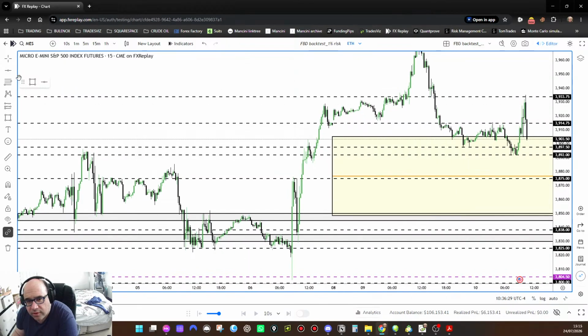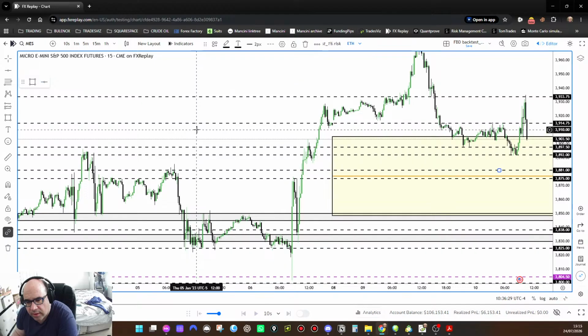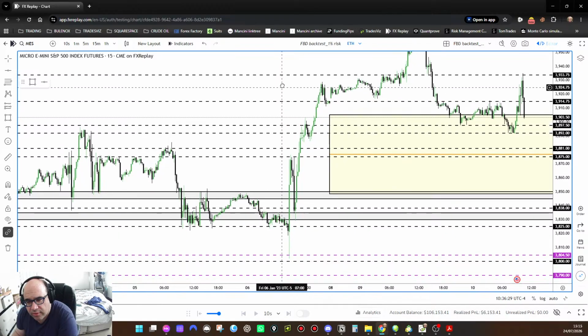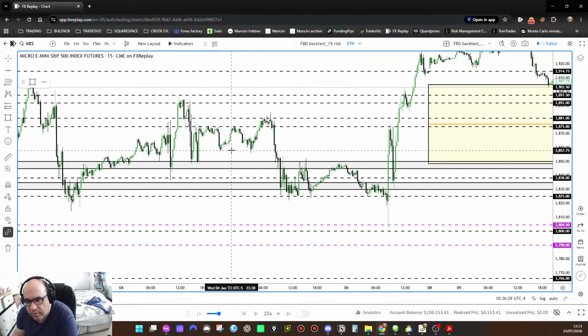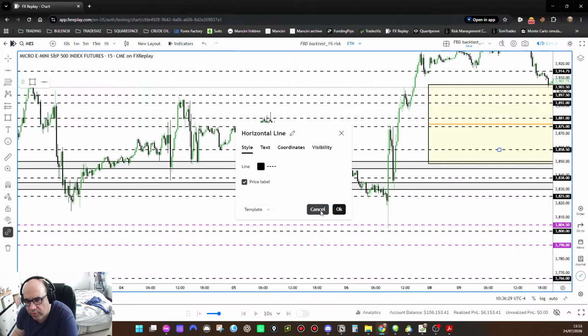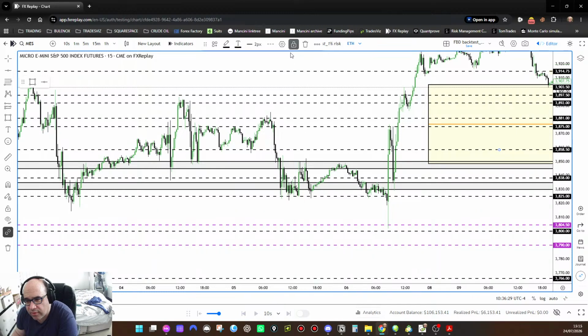Yeah, I guess there's another one here we can see, right here. Don't want to put too many because, in the end, it's going to be a mess. Just going to put another one about here. These are the obvious liquidity zones.